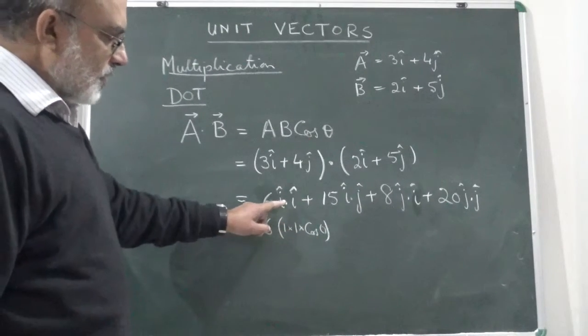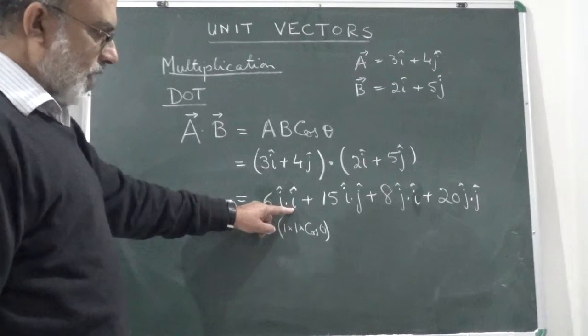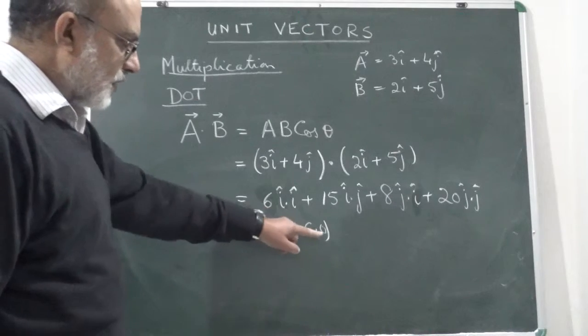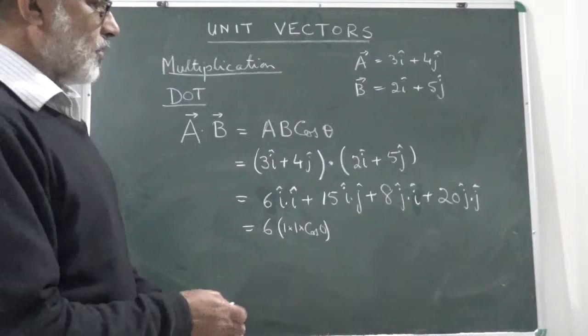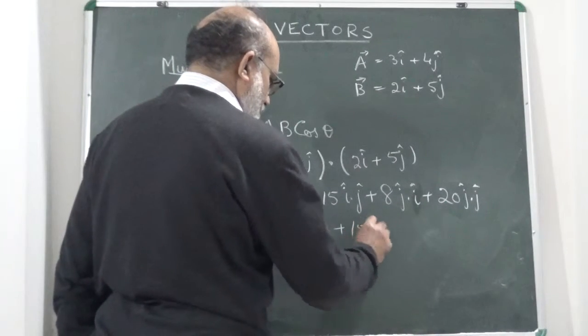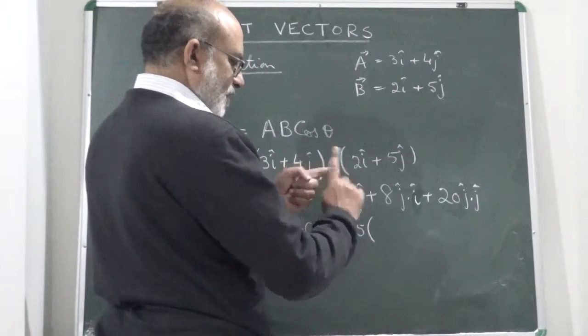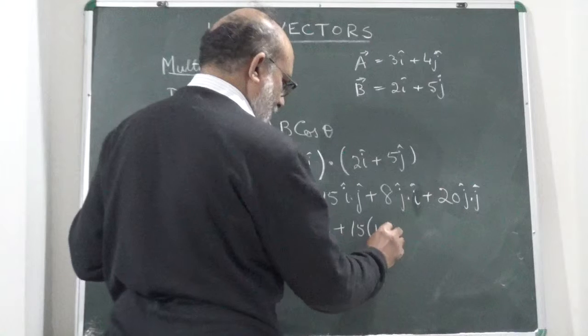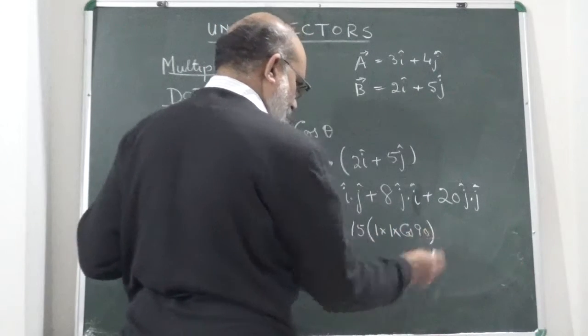So the magnitude of i is 1, the magnitude of this i is also 1, and the angle between them is theta. This is AB cos theta. Similarly here, i dot j are at 90 degrees with each other, so it will be 1 into cos 90.